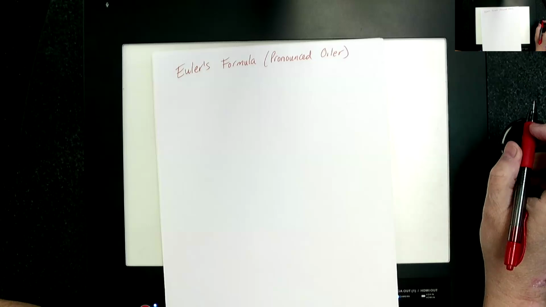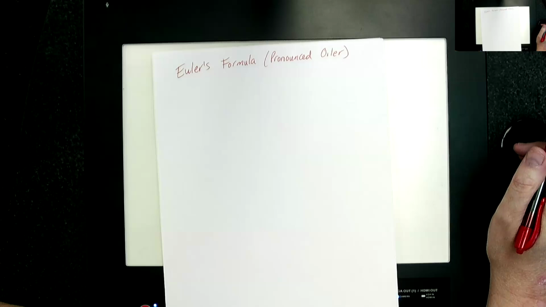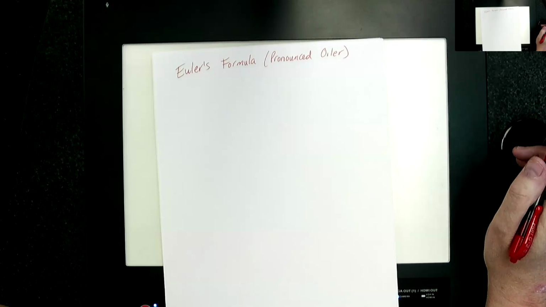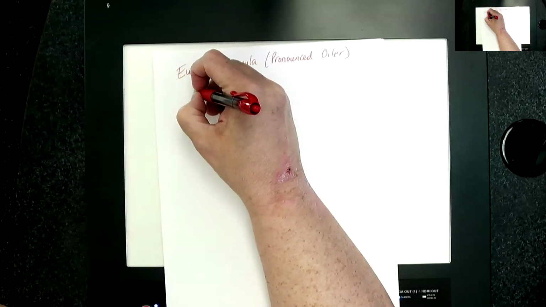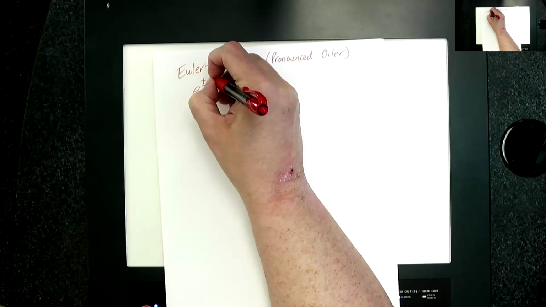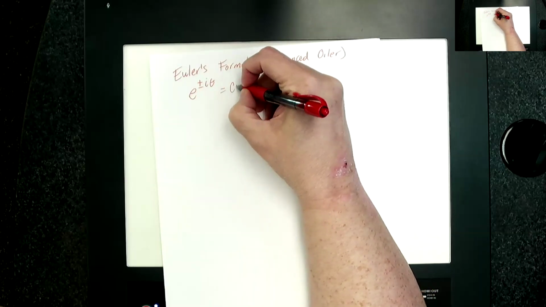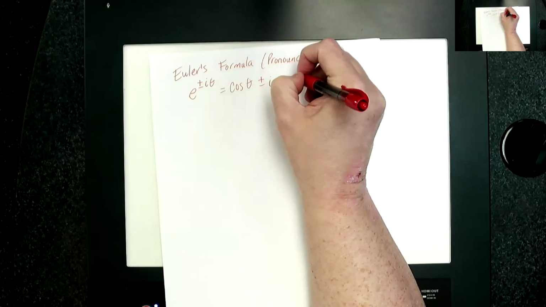I thought it was pronounced differently for the longest time. And then someone called it Euler, and I'm like, who is that? e to the plus or minus i theta is cosine theta plus or minus i sine theta.